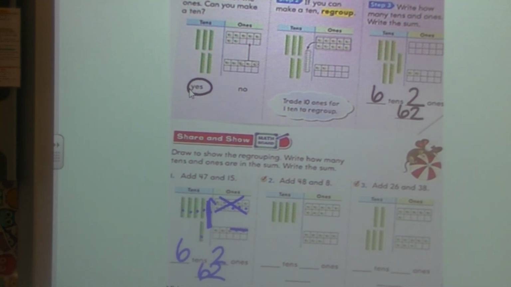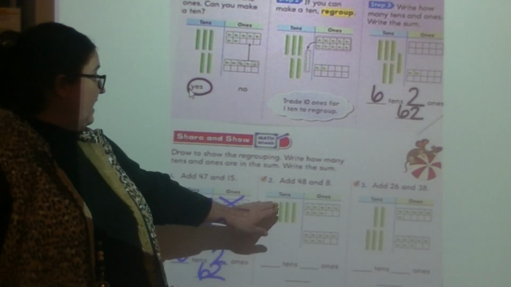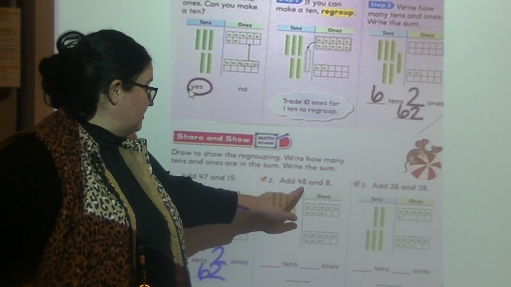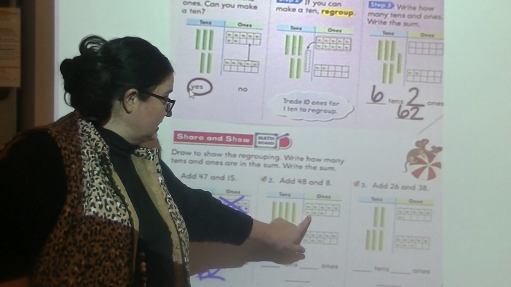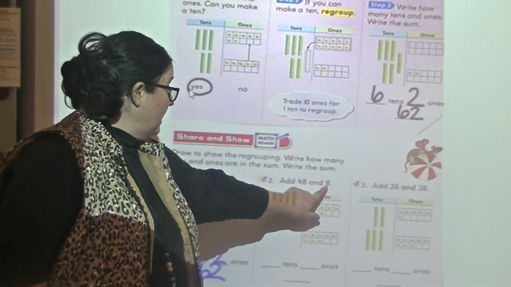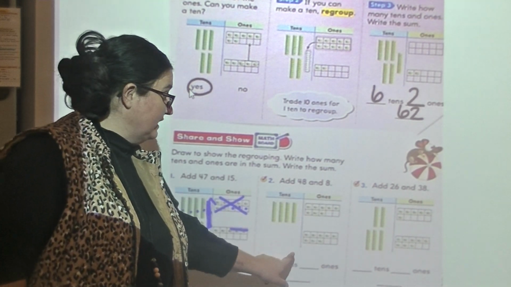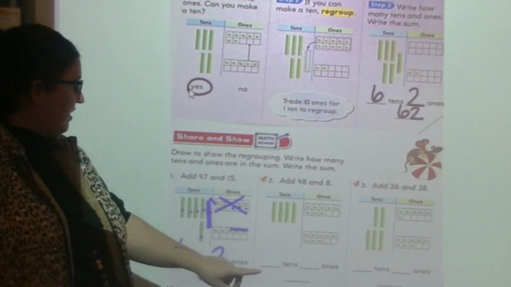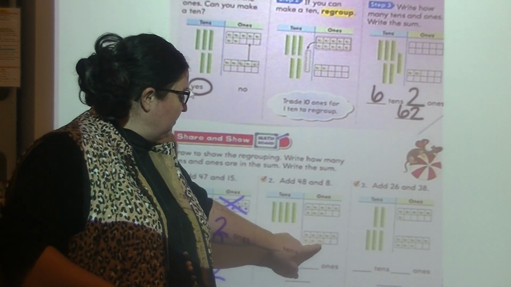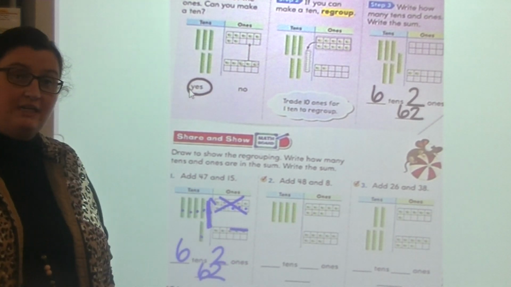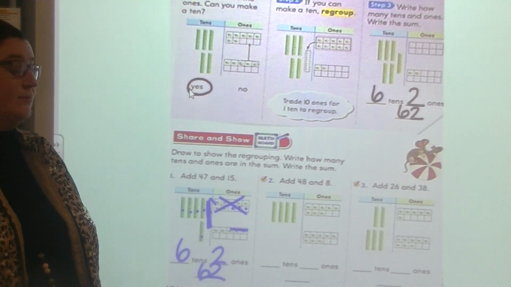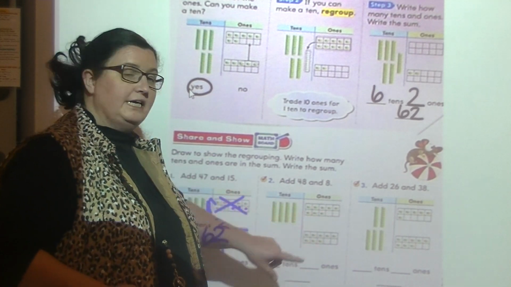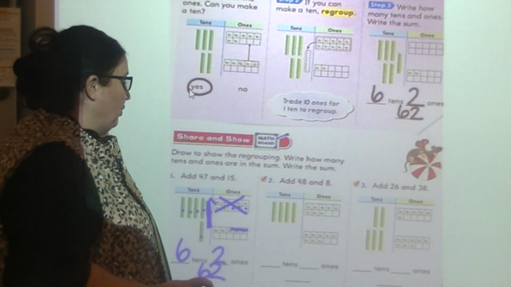Number 2. Add 48 and 8. So 48 is 4 tens and 8 ones, 8 is 0 tens and 8 ones. All right, boys and girls, can we move some of these up and make another group of 10? Yes, we can. How many more do we need? 2.